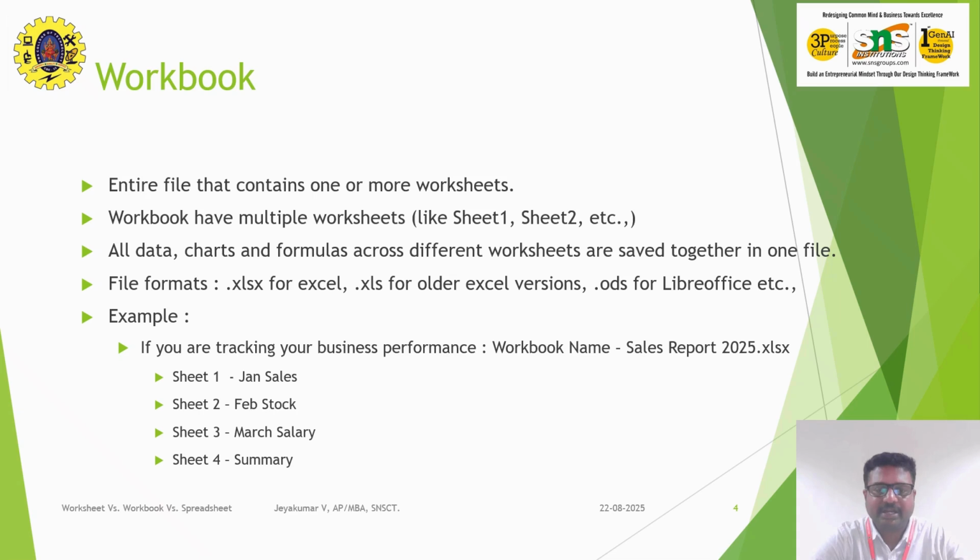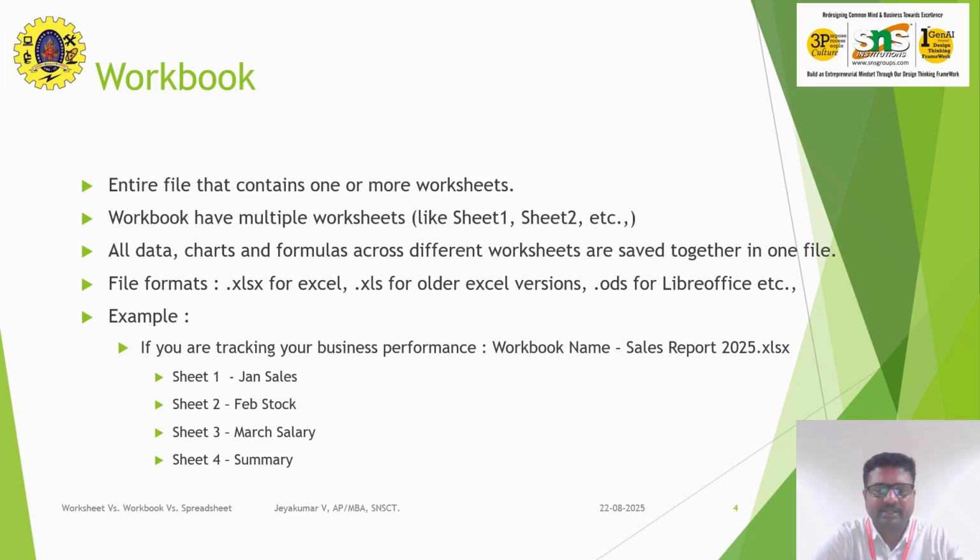Example, if you are tracking your business performance, the workbook name can be represented as Sales Report 2025.xlsx. Sheet 1 where you store the data for January month can be named as Jan sales. Sheet 2 can be represented as February sales, which represents the sales data for the month of February.